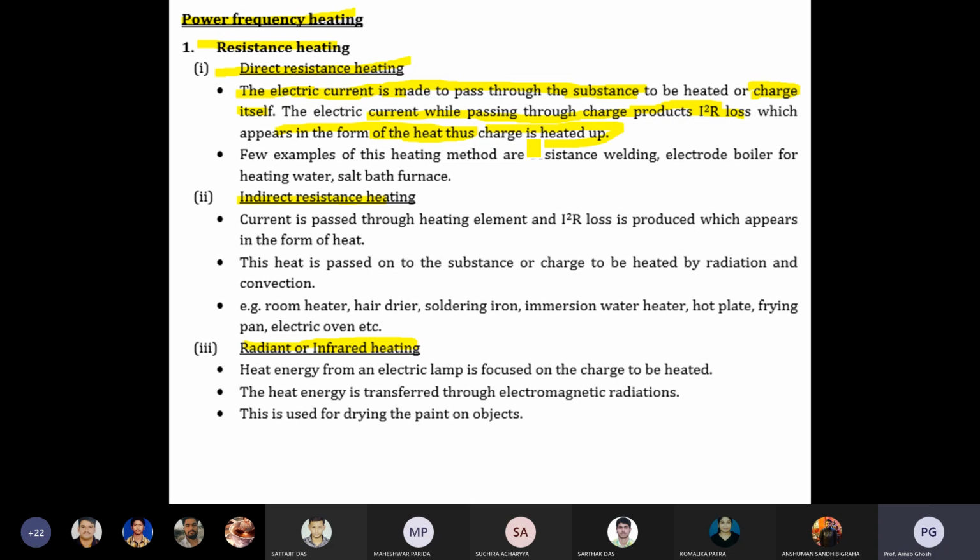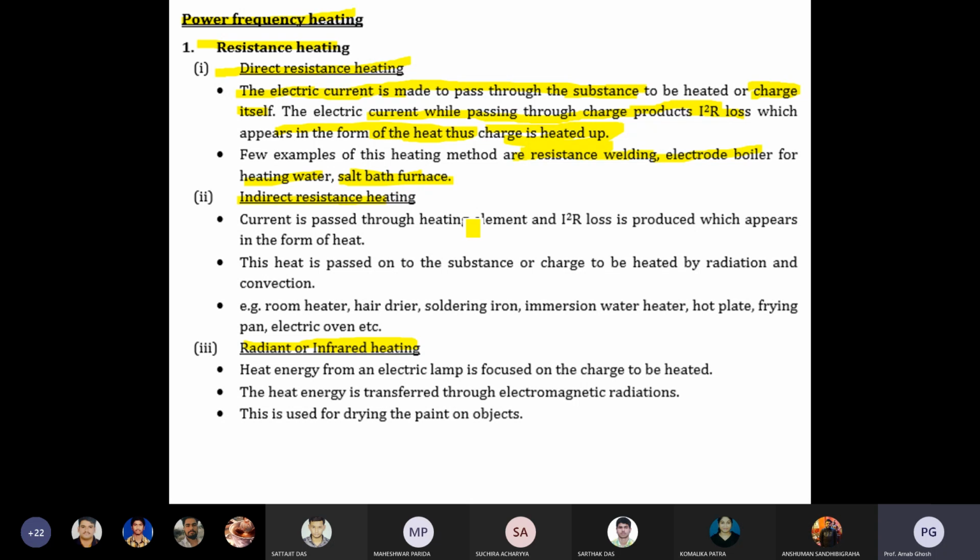Thus the charge is heated up. Few examples of this heating method are resistance welding, electrode boilers for heating water, and salt bath furnaces.